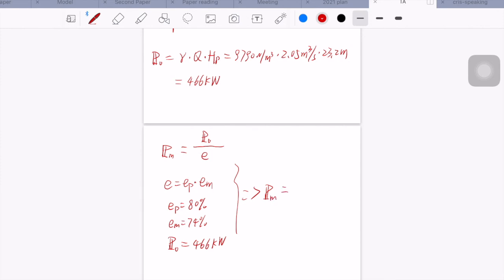PM equals 466 kilowatts divided by 0.8 times 0.74. So the value is 787 kilowatt. So we finished this problem.